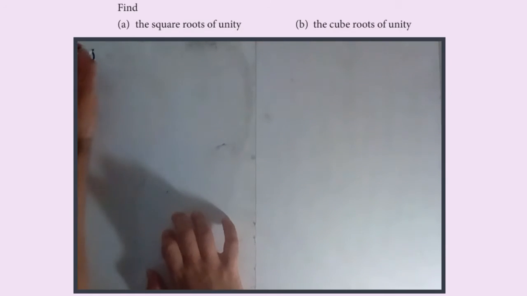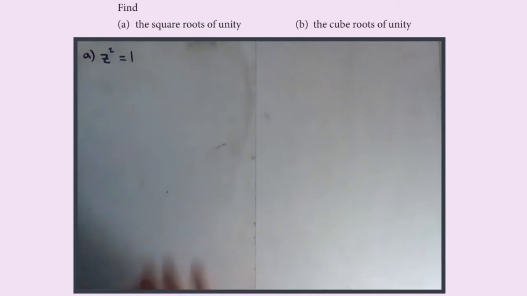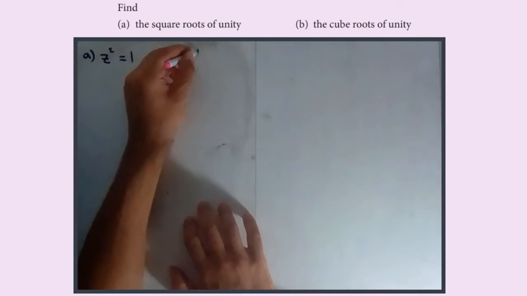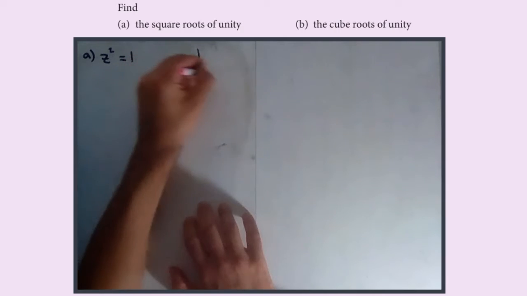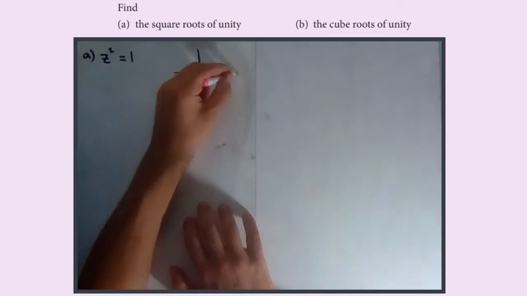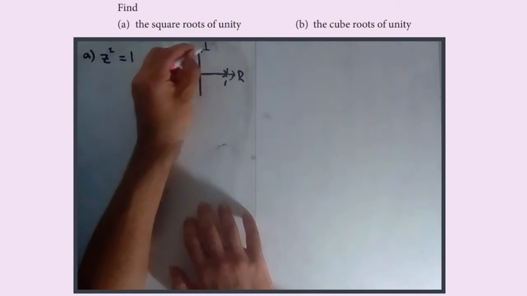So for part A, we're solving z squared equals 1, where z is a complex number. If we think about the number 1, well, that's purely real. It looks like that. It goes to 1 on the real axis and 0 on the imaginary.